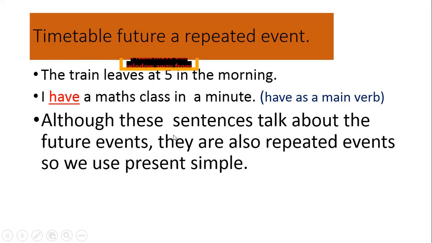Although these sentences talk about future events, these are repeated events because the train leaves every day at 5 in the morning. So it is a repeated event. That's why it is expressed in present simple, and it is called timetable future.